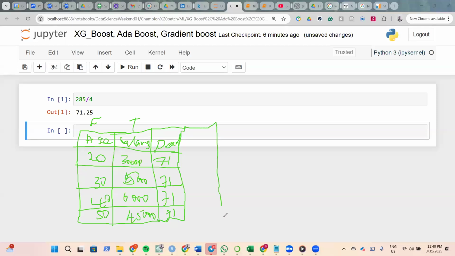And so we're going to calculate the first residual, residual one.